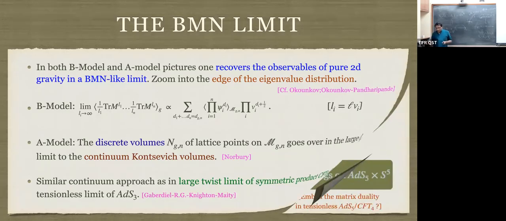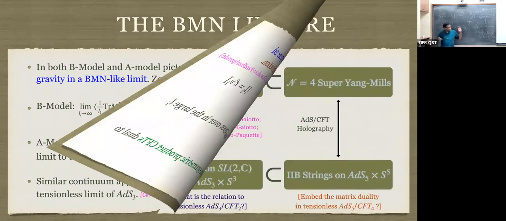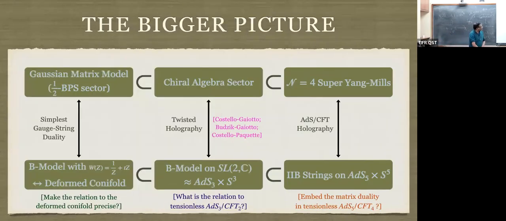Okay. So let me now just say something about the larger picture, which is more or less a sketch only, but I think can be fleshed out. One of the other reasons, apart from it being a very simple toy model where you can see the thing, is that I think there's a very natural embedding of this in the full N=4 Yang-Mills theory.